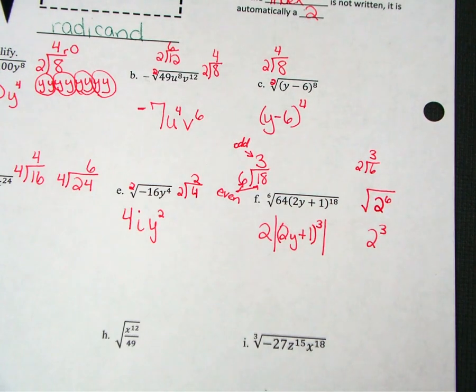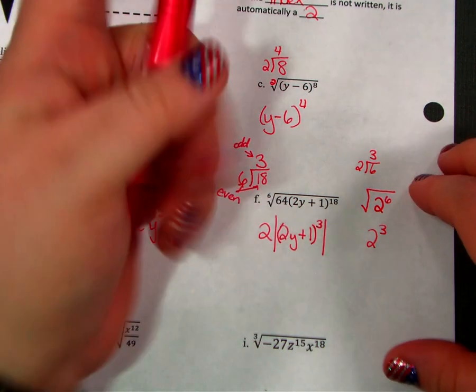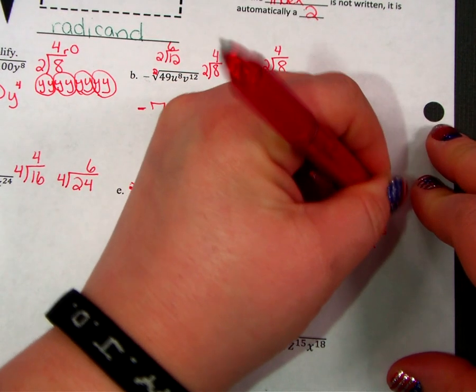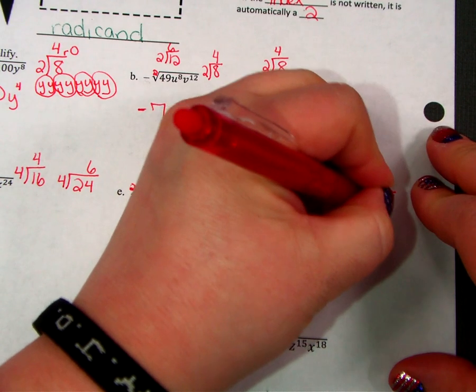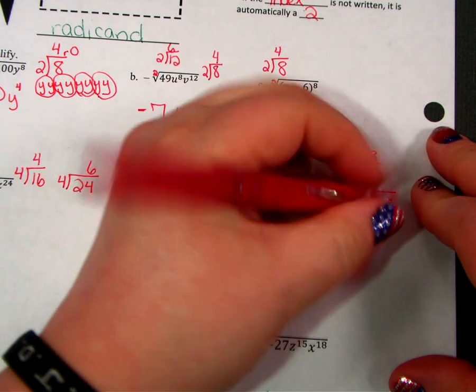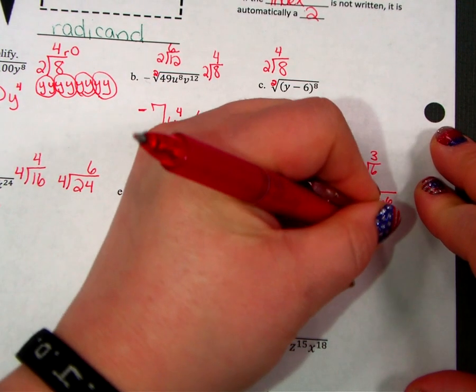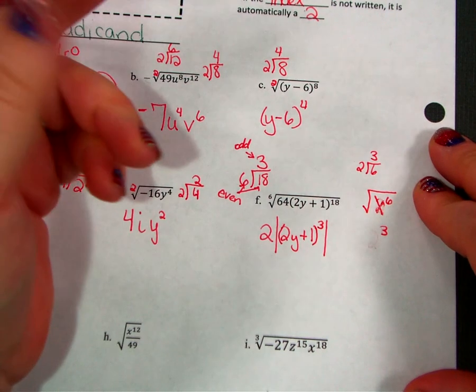So we would have 2 raised to the 3rd power. Now, because we're dealing with a number, it's not a big deal. But what happens if we replace this with an x? We know that the intended answer was for it to be 2 to the 3rd power, which is 8.